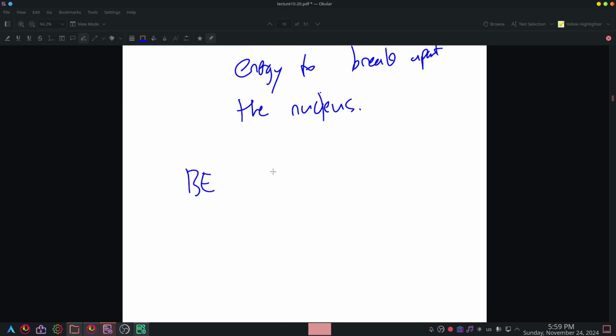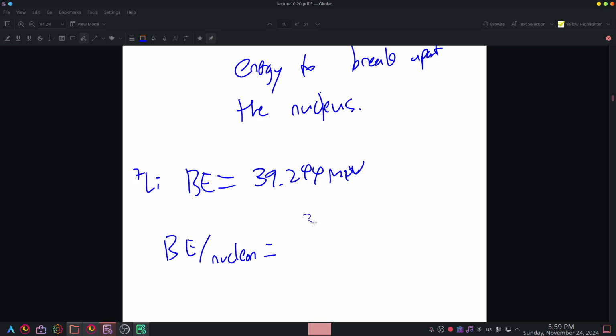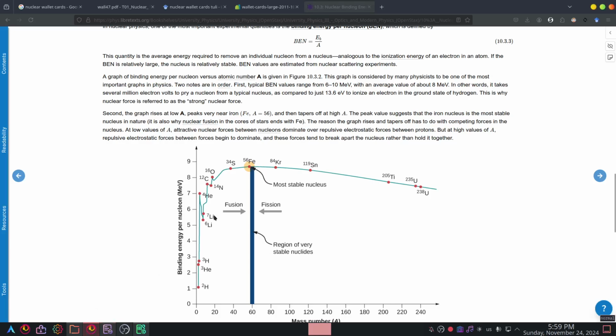So of course the calculations are not useless. You just take away the minus sign, and there you go. Lithium 7 binding energy is this much. Binding energy per nucleon equals 39.244 over 7, and that will give you 5.606 MeV. And that is correct when we take a look at the curve here.